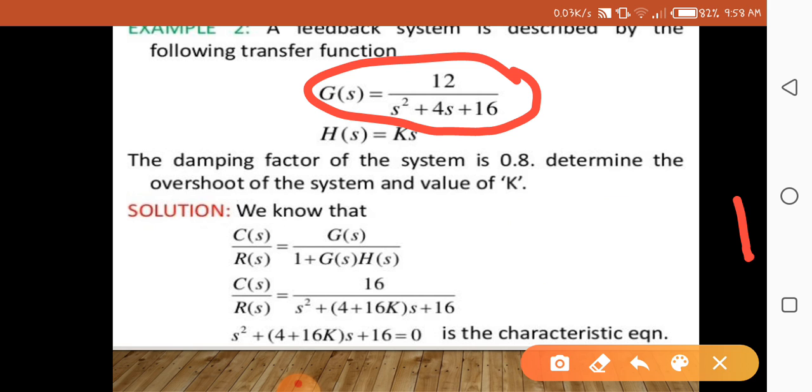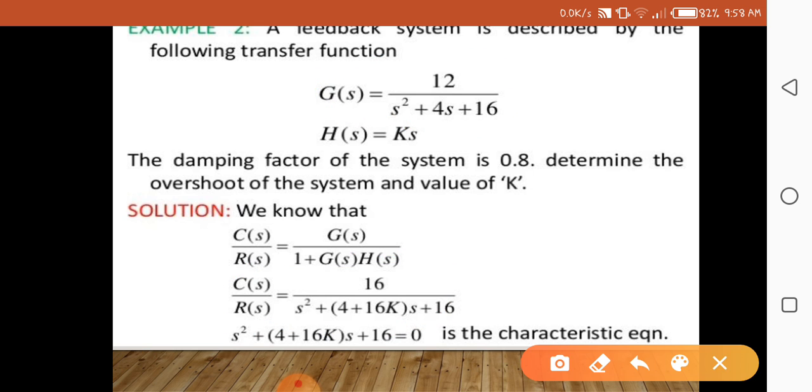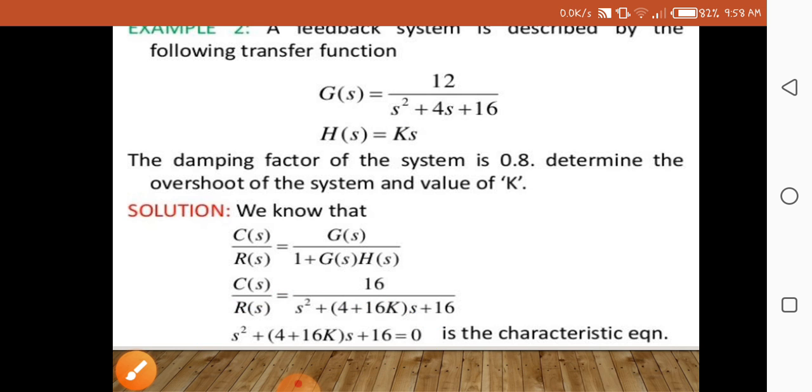We know that C of s upon R of s is equal to G of s upon 1 plus G of s H of s. So put the values here. We obtain the characteristic equation s square plus 4 plus 16k, times s, plus 16 equal to 0. This is the characteristic equation.